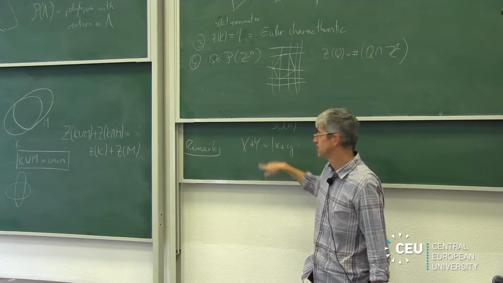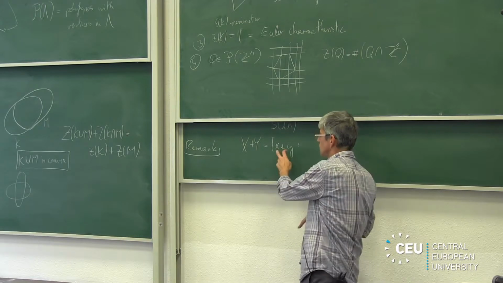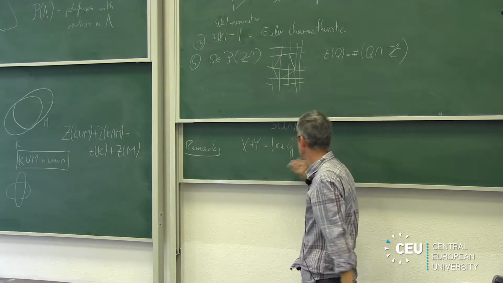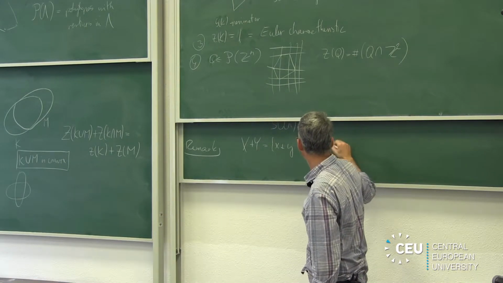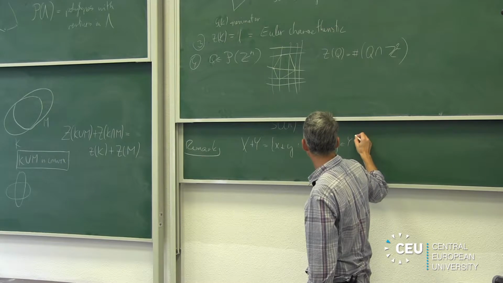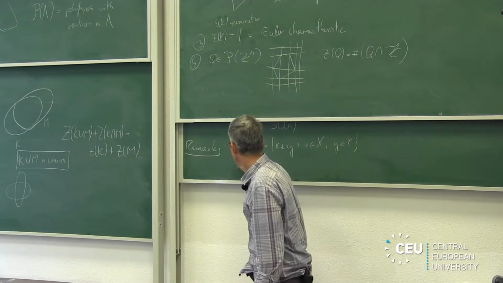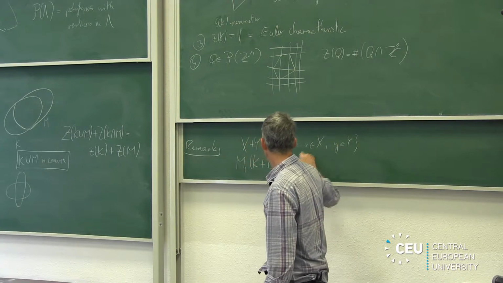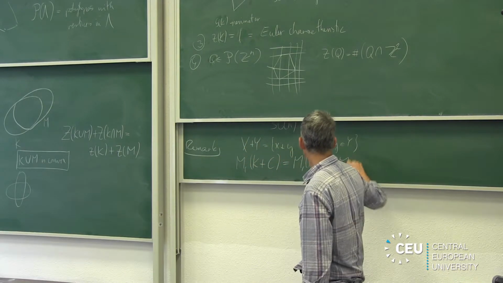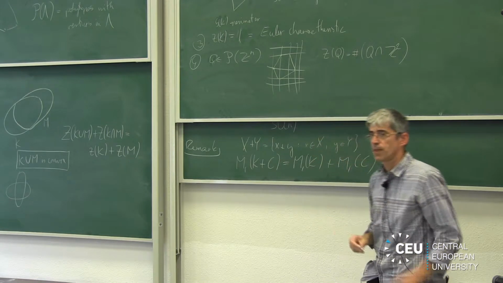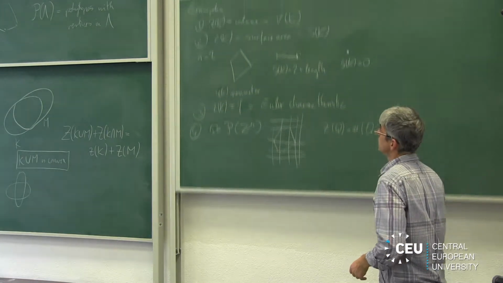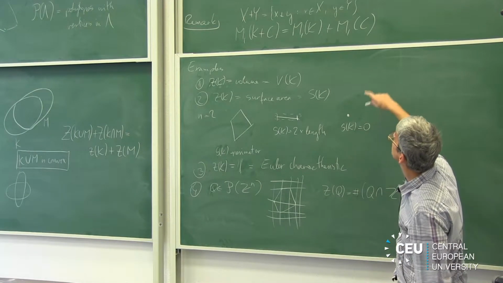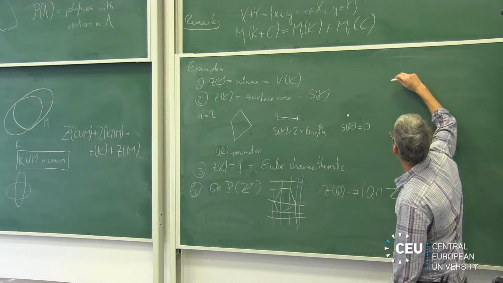The sum of two sets is the set of all sums where the first vector comes from the first set, X in capital X, and the second vector comes from the second set, y in capital Y. Then the mean width has the property that m1 of K plus C is m1 of K plus m1 of C. So it is linear in this sense, because you can use it for each projection.